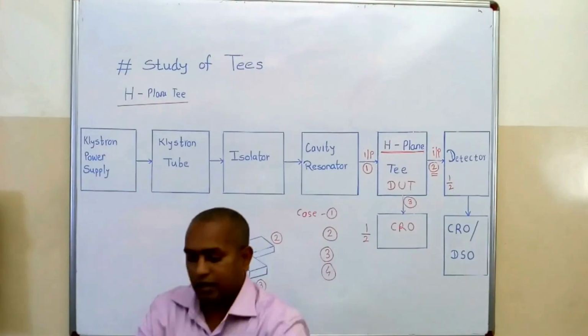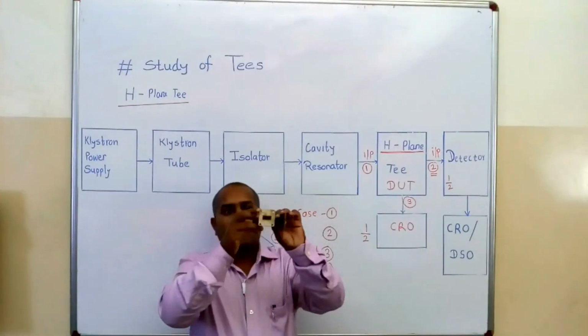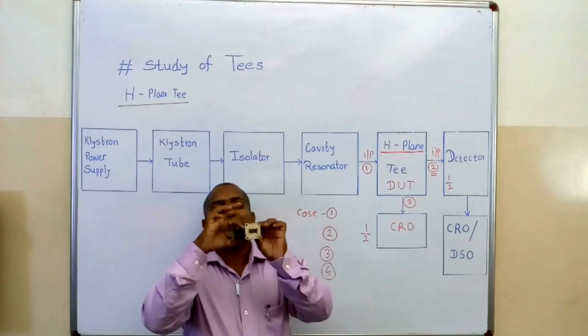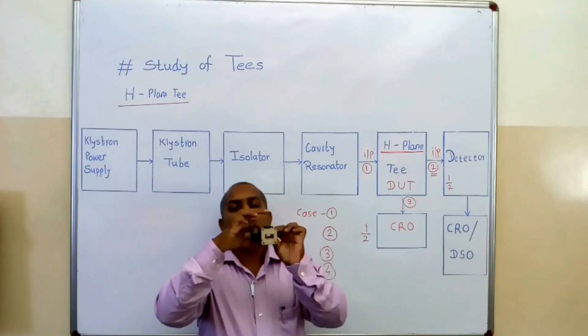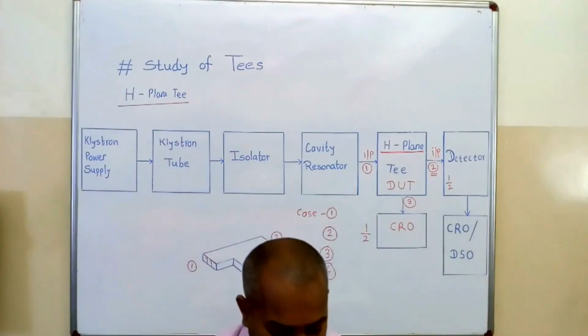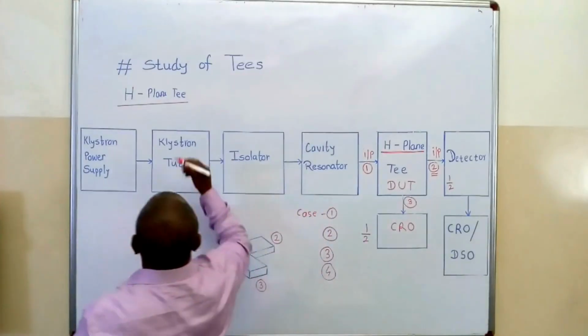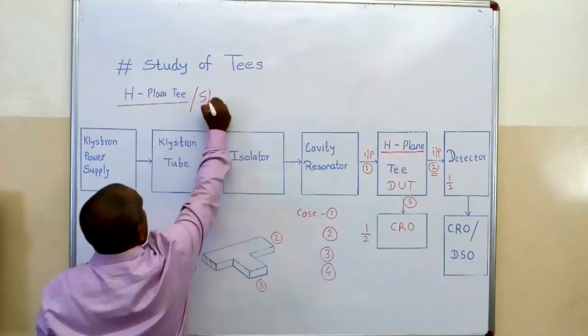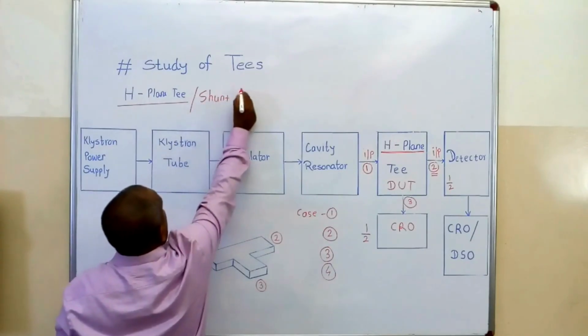Here in an H plane T, my side arm is in shunt to my main waveguide. That's why this plane T is also known as a shunt T.